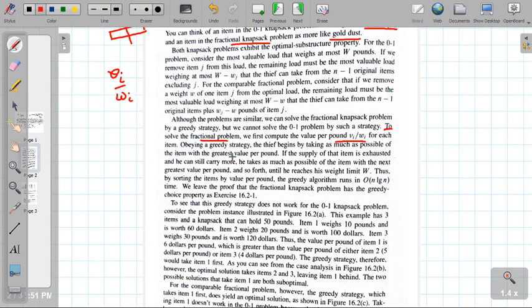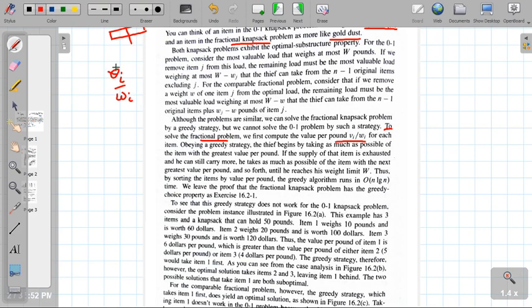That means whichever item has the maximum value per pound, I will be taking that item greedily. So that is the greedy solution we are proposing.